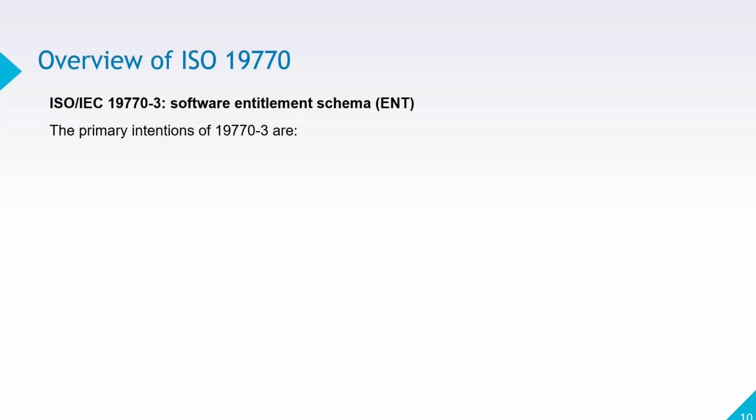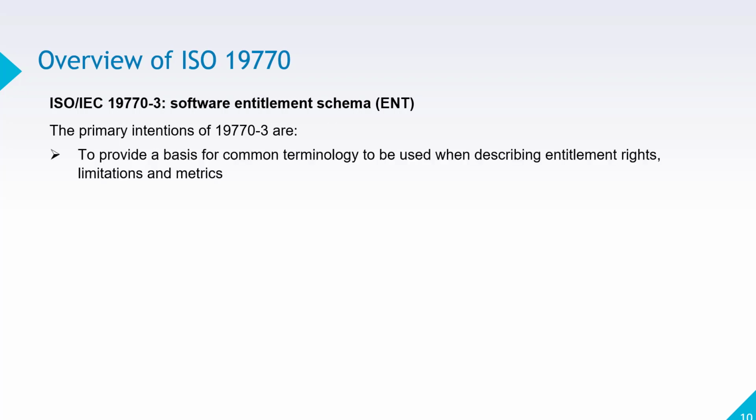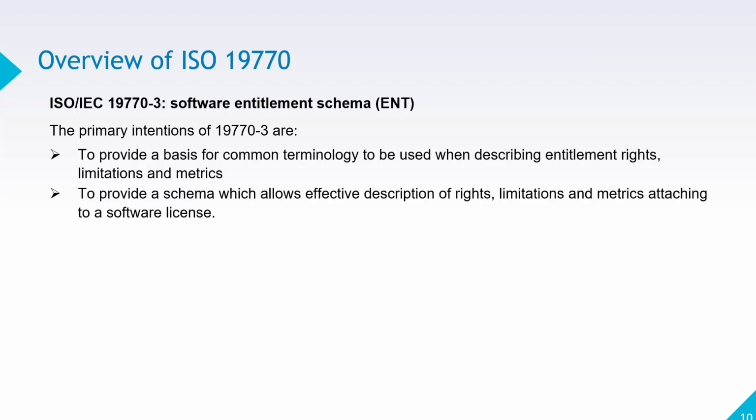ISO 19770-3 Software Entitlement Schema. The primary intentions of 19770-3 are to provide a basis for common terminology to be used when describing entitlement rights, limitations, and metrics. To provide a schema which allows effective description of rights, limitations, and metrics attaching to a software license.